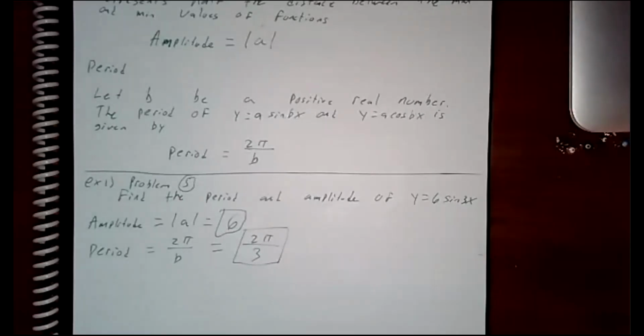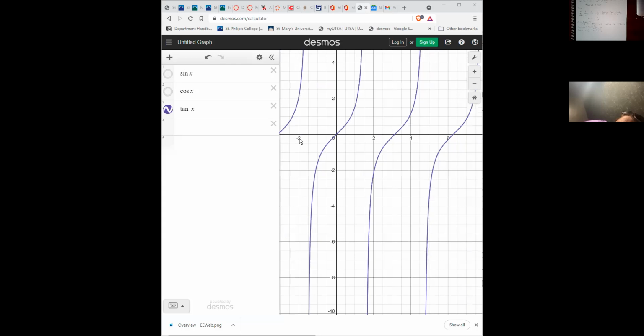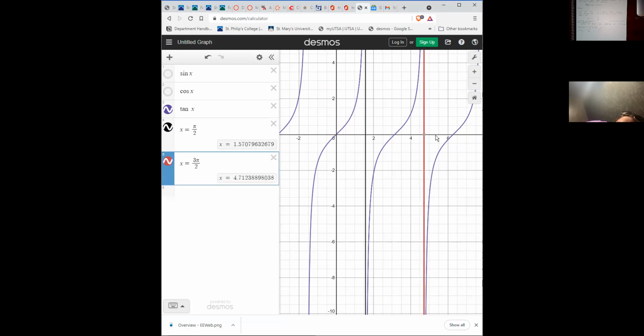So all these asymptotes right here are the values x equal to pi over 2, and then the next multiple, 3 pi over 2, and then etc. So that's what the tangent looks like.